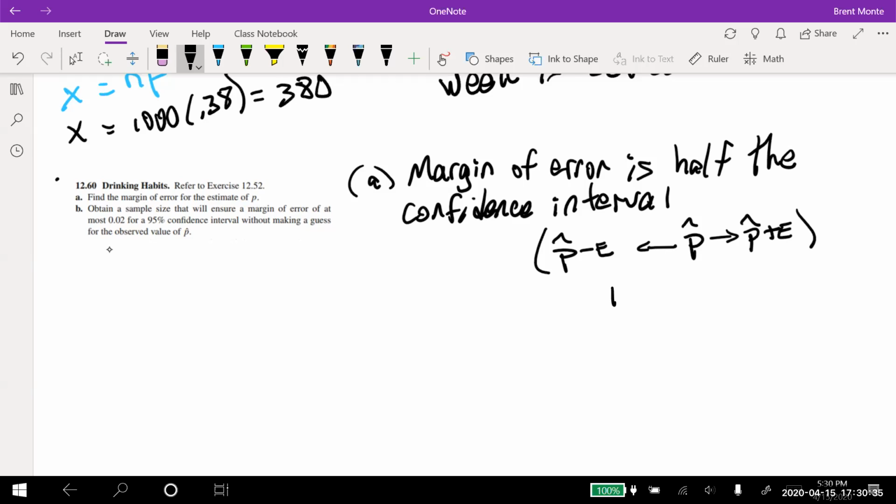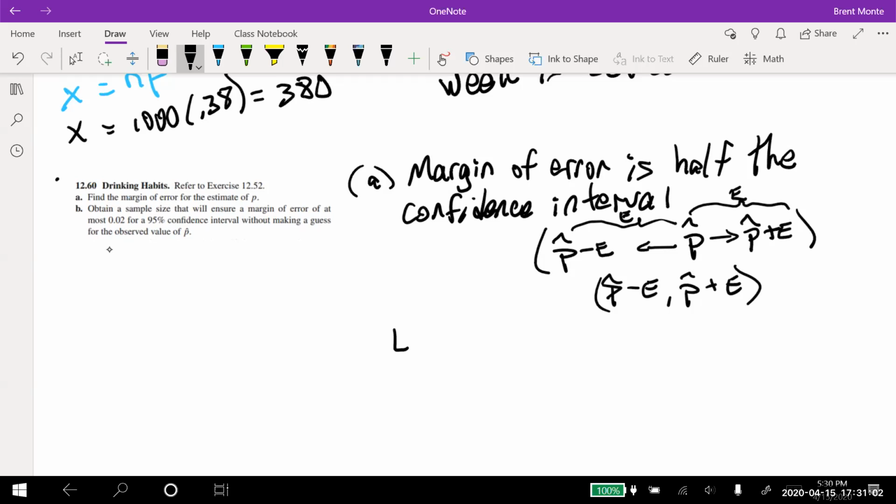So my interval is actually p hat minus E to p hat plus E. But the idea is this distance is E, and this distance is also E. So we have 2E. So if I find how wide that confidence interval is, and then divide by 2, I'll get E all by itself.